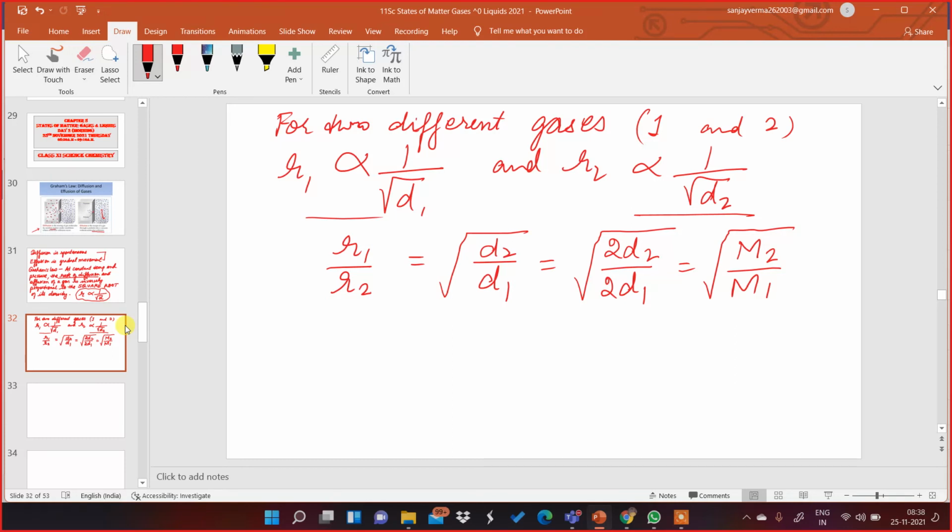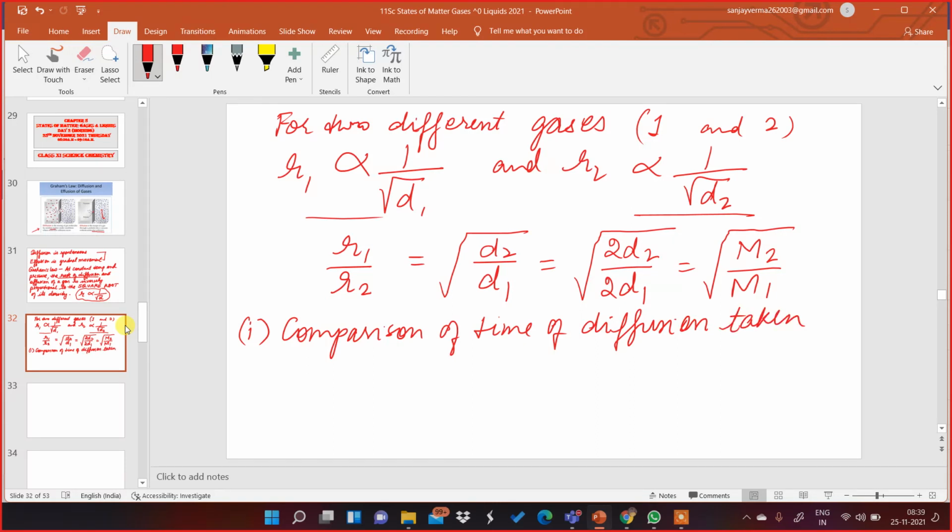So this is one case, and I'm going to write it down: comparison of time of diffusion taken for the same volume of two gases. For this, if we take the two gases, then we can compare the time as well.